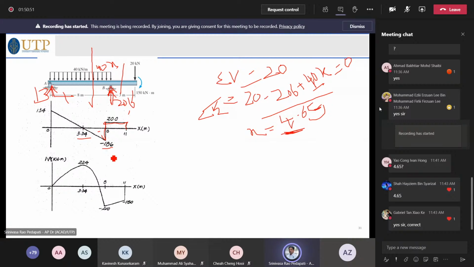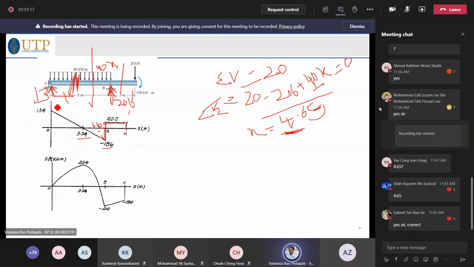That means somewhere here the shear force is changing sign. This is 4.65 from B, say 4.6, and the remaining one is 3.4. So total 8.